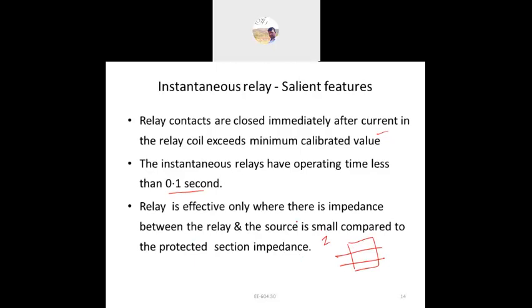If the impedance is high, this type of relay is not workable at that time.